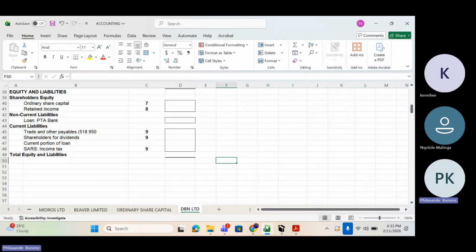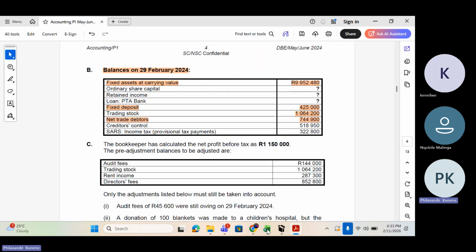I hope you guys are following this strategy that we need to follow, because you don't want to lose your mind along the way. You don't want to leave some of the amounts unaccounted for. SARS income tax, provisional tax payment, you can see this one for now, it is a receivable, right?